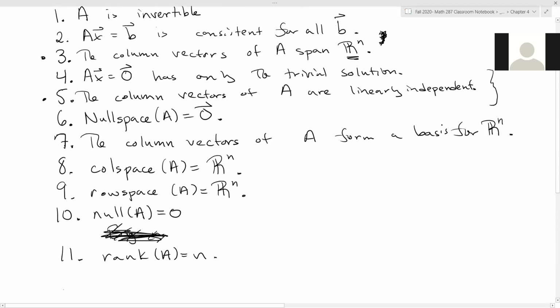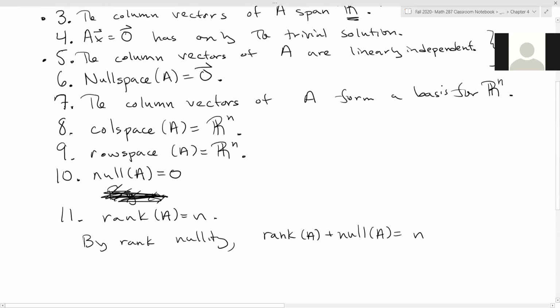Should have done that first. Sorry. Got ahead of myself. Thought too quickly. So the nullity of A is going to equal 0, and the rank of A is going to equal n. And so by rank nullity, rank of A plus the nullity of A is going to equal n, the number of columns.